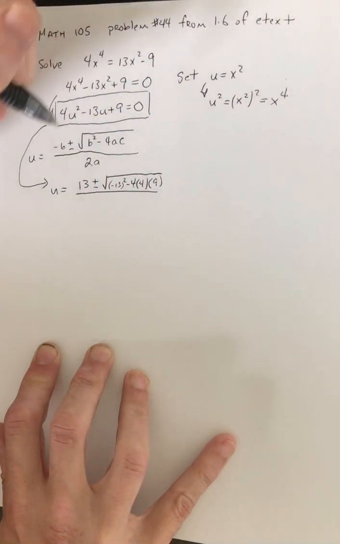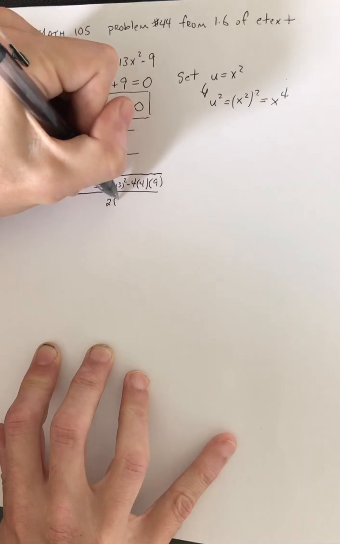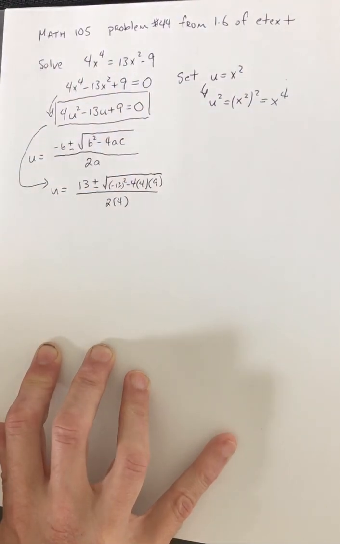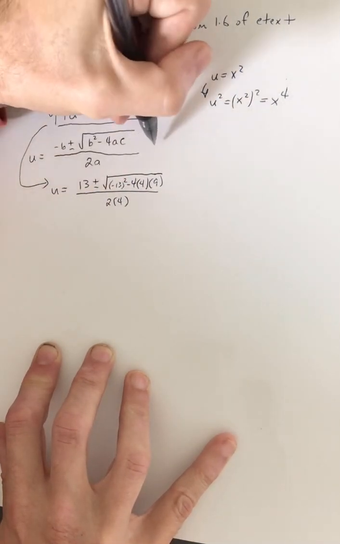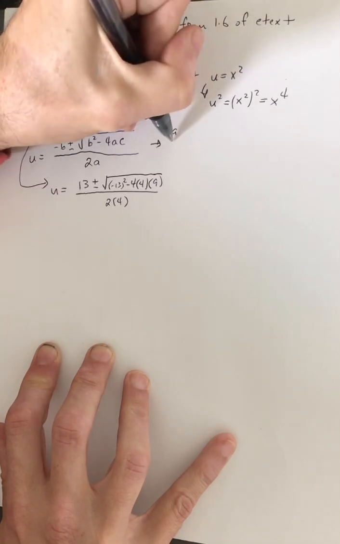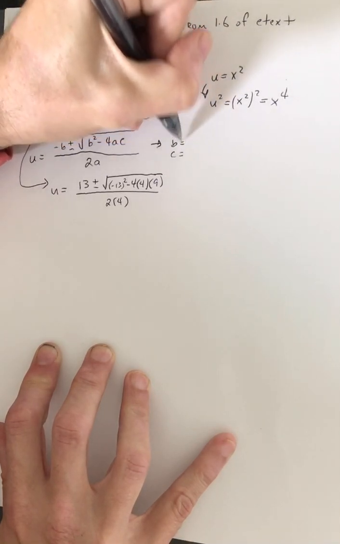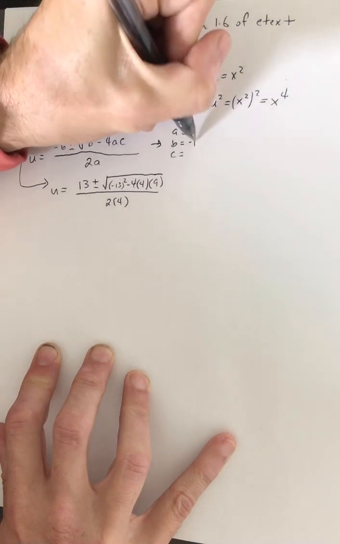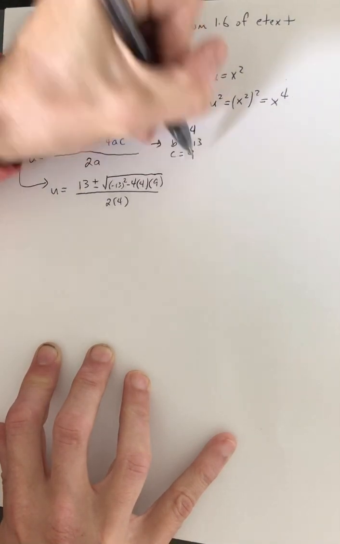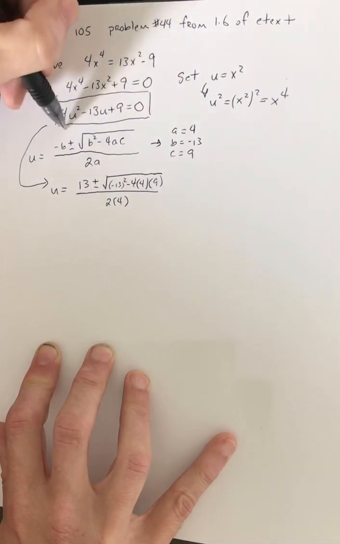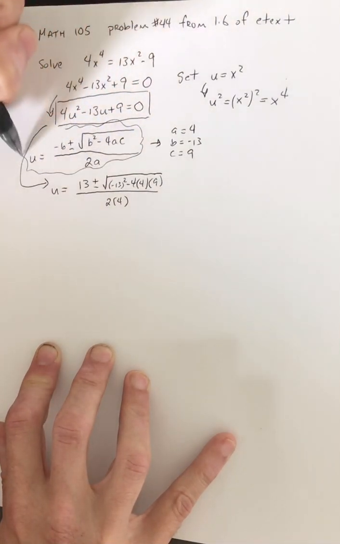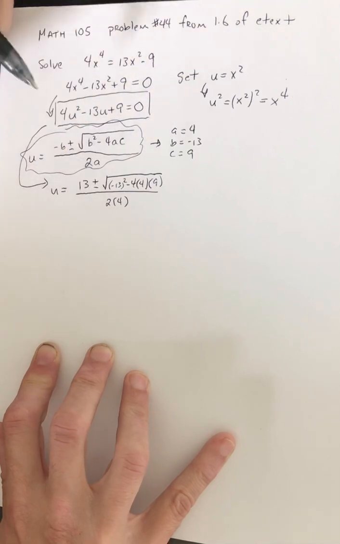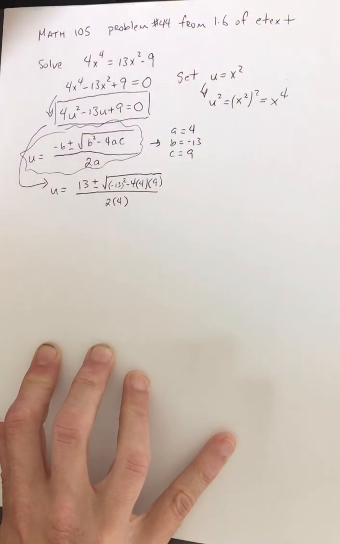And then on the bottom, we've got 2 times a, 2 times 4. Sometimes, if you want to make this clearer for yourself, write out what a, b, and c are off to the side. It helps me. All right, so I'm just plugging these 3 numbers into the quadratic formula for a, b, and c.